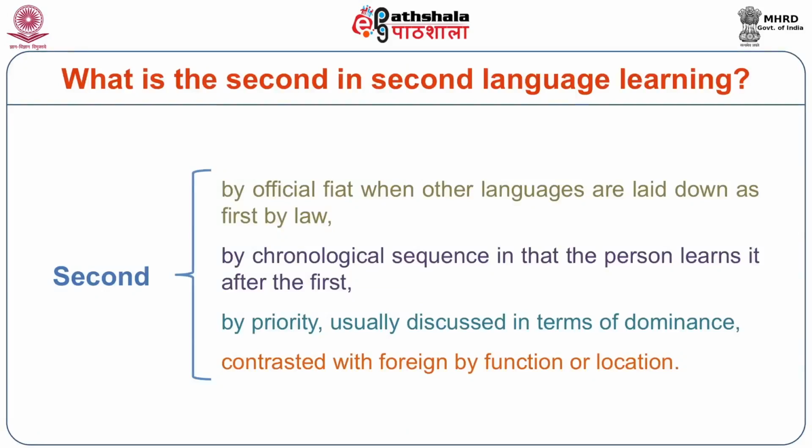Second is also contrasted with foreign by function or by location. Suppose we go to some foreign land, Germany or some other country. We know English also, but there we try to speak French in France or German in Germany. Then that becomes another language, and we try to learn that.